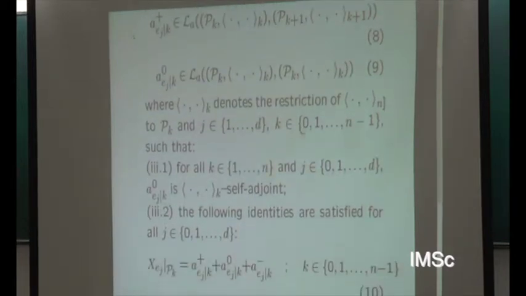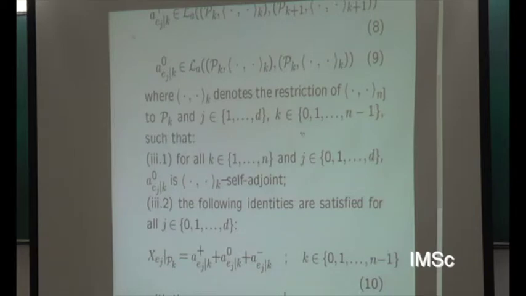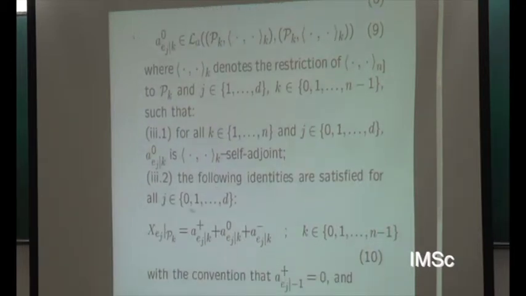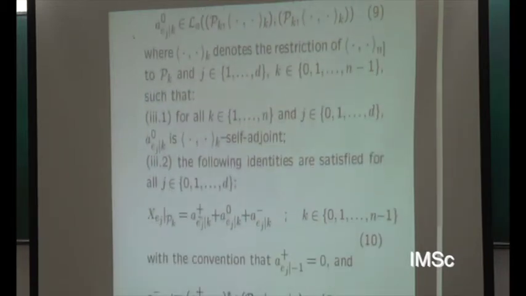So what are the two properties of the creator and annihilator? First, the preservator must be self-adjoint for the k scalar product. And this identity must take place. This is the restriction of the quantum decomposition on the P_k space, what in quantum mechanical language is the k particle subspace.